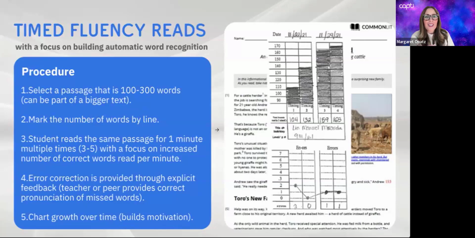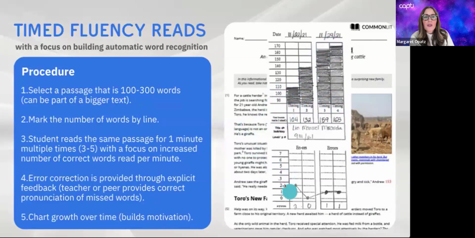I think that would be a lot, but if students are motivated to continue to improve, they can continue to do it. So here's an example of what this chart looks like. We have some charting here where the student records the words read per minute, and you can actually see how they improve from timing 1 to timing 4. That's what we want to see.